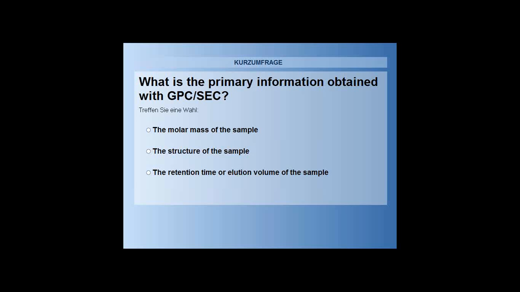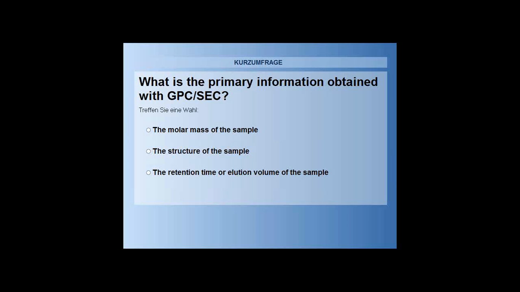Is it the molar mass of the sample, the structure of the sample, or the retention time or elution volume of the sample? I will try to get hopefully close to 80% of you to participate in this. And from what I see so far, this is going to be interesting. So go ahead, please cast your vote.